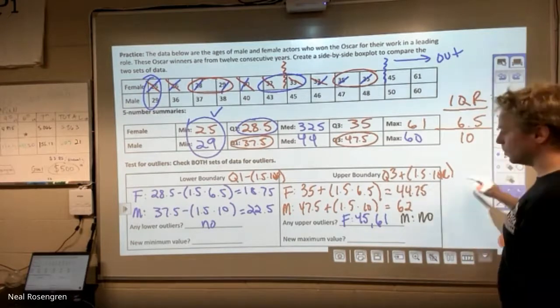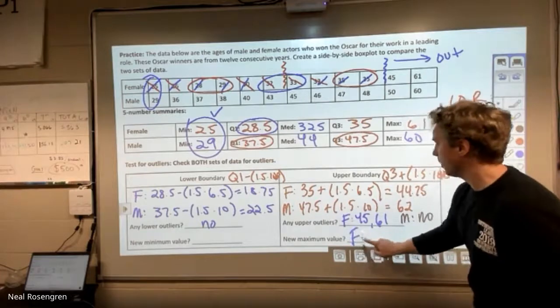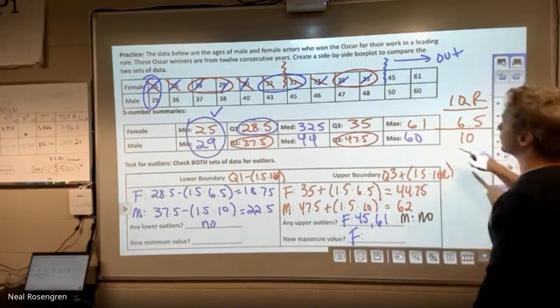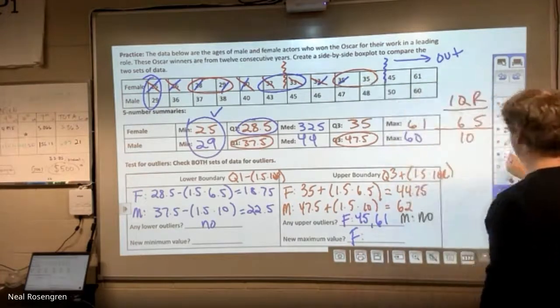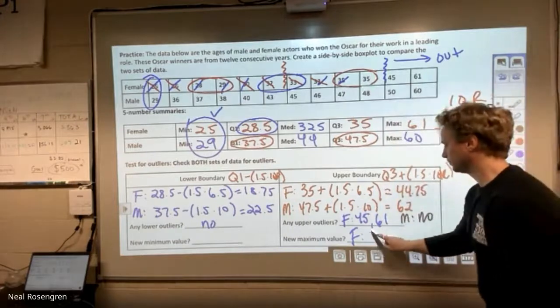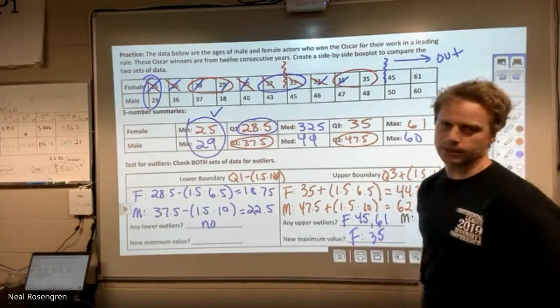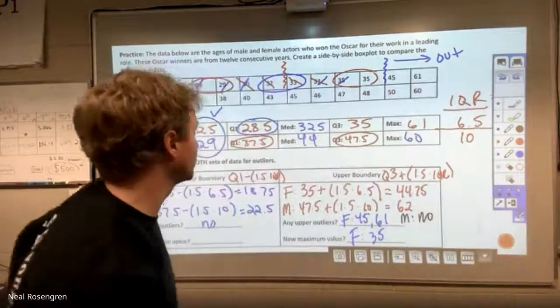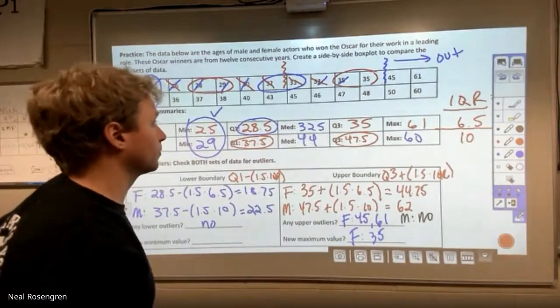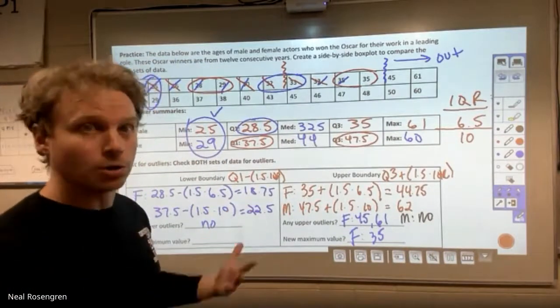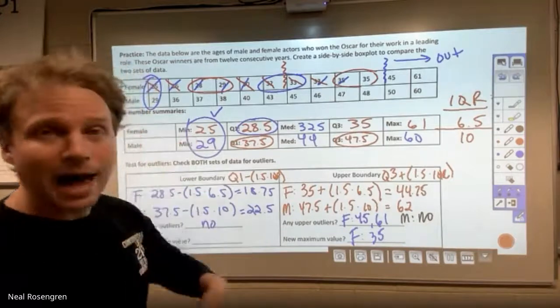So my new maximum value for my females is the next one down. It's actually going to be that 35, which is crazy. 35, so young to be the best actors. There we go. There's all of our data. And so the only one that's going to have the outliers is the females.